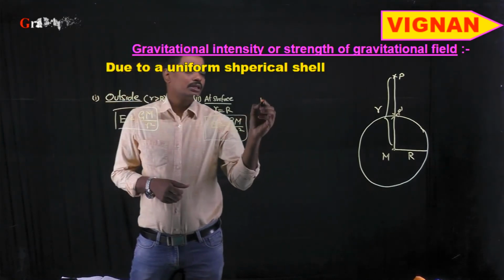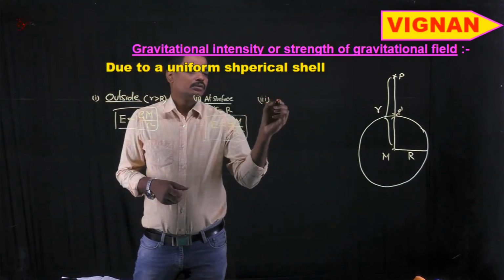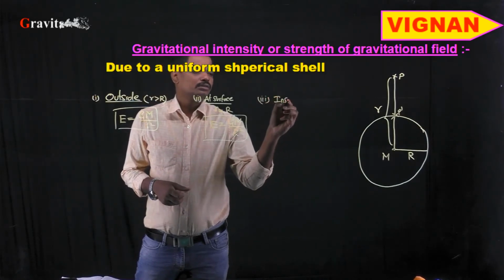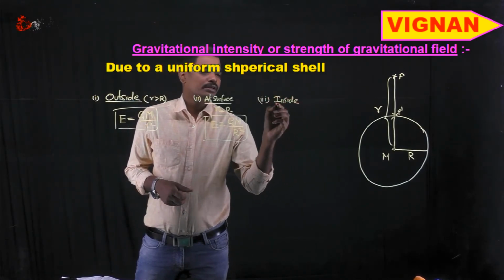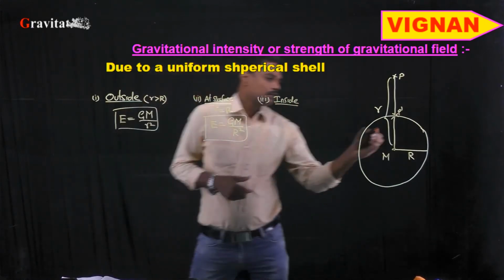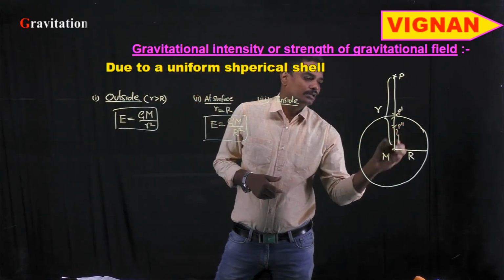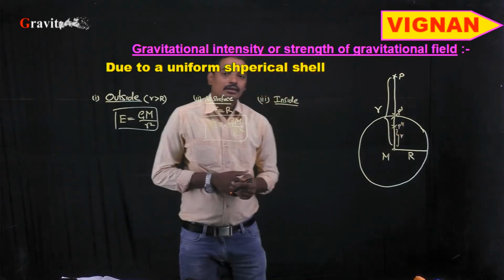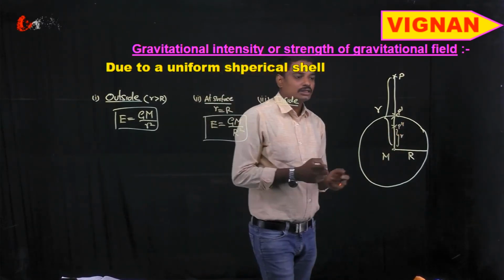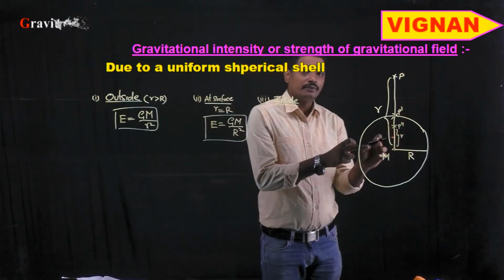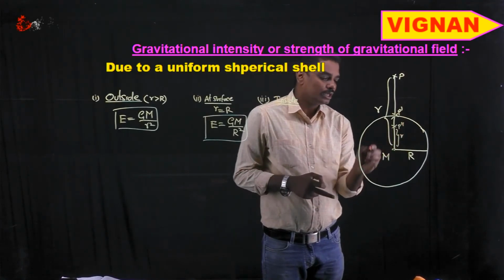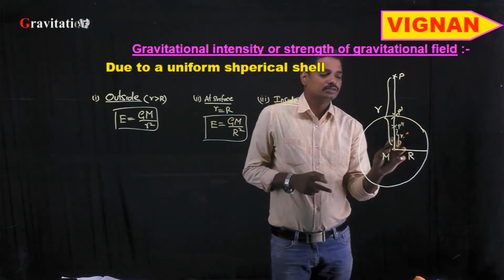Now the third case, inside this hollow sphere or spherical shell, that is at a point P double dash, let it be. In the previous case, for inside the shell we needed to consider only the mass of the smaller radius.